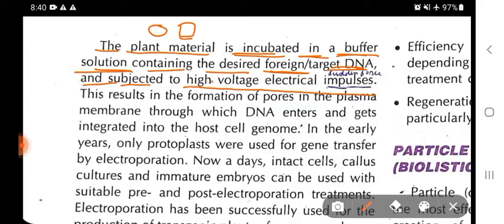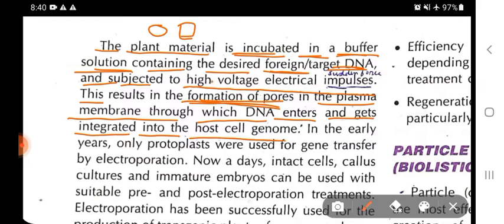So we apply a high voltage electrical impulse. A sudden voltage is applied for a few microseconds, and due to the application of the high voltage electrical impulse, temporary pores form in the plasma membrane, and through these temporary pores DNA enters and gets integrated into the host cell genome.